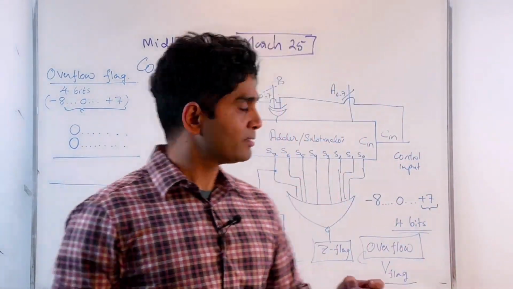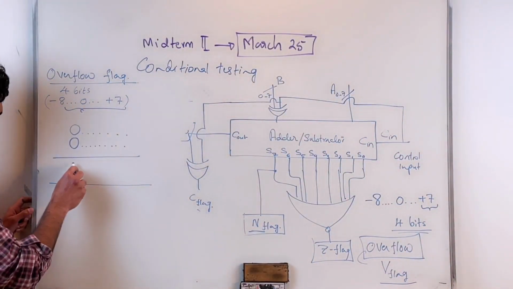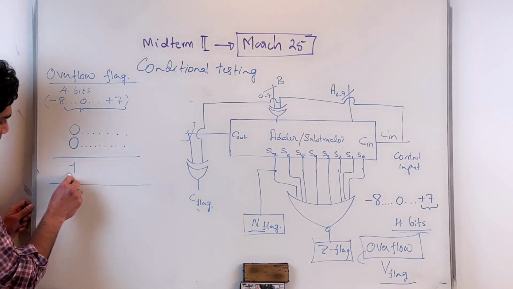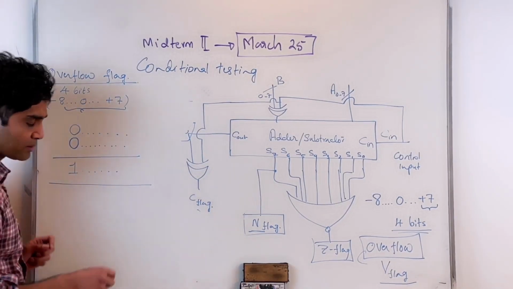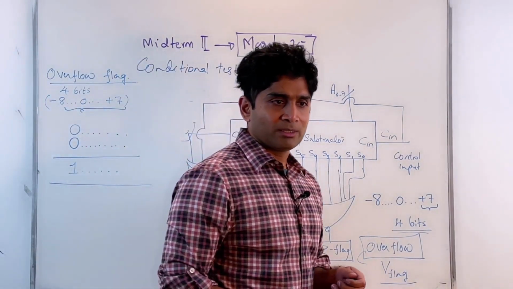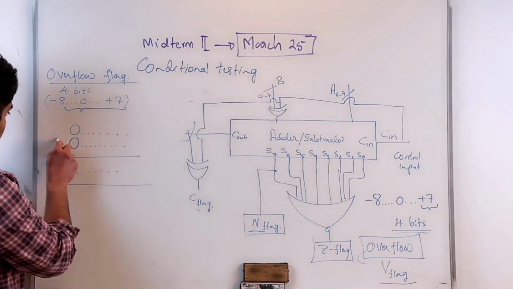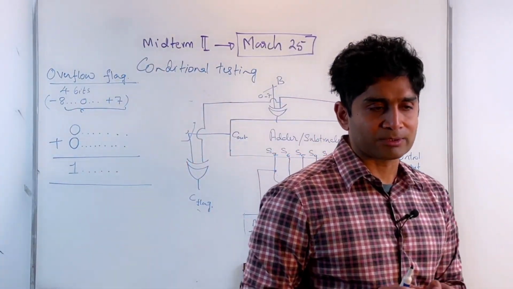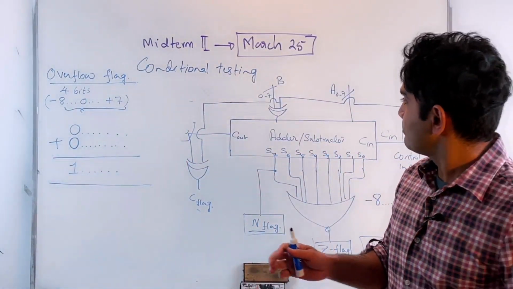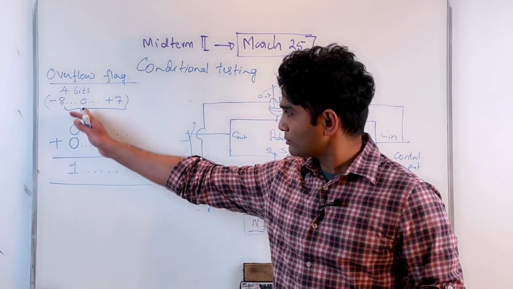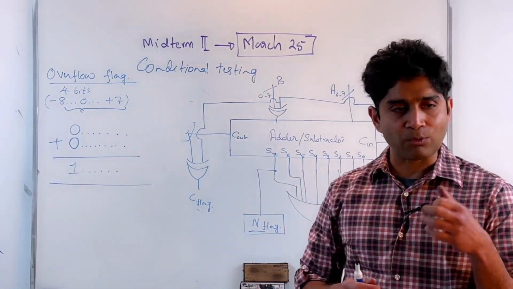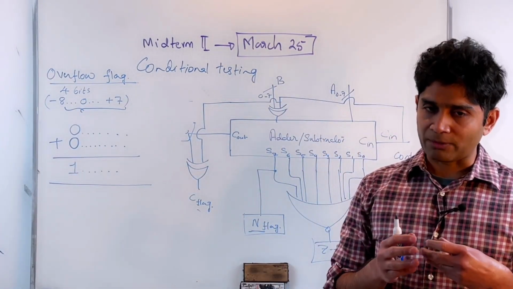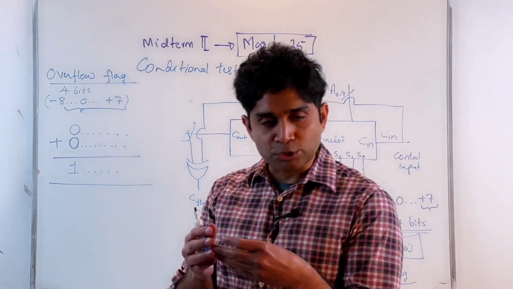That means at the most significant bit position, I should be getting a 1. Again, I'm not worried about the rest. When I have such a situation, that means I have an overflow condition, because I'm not able to fit my answer in those limited number of bits. If I had one more extra bit, that would have been enough to show the right answer.